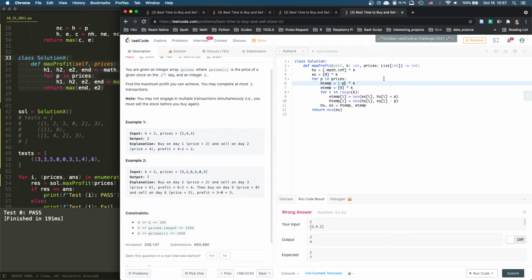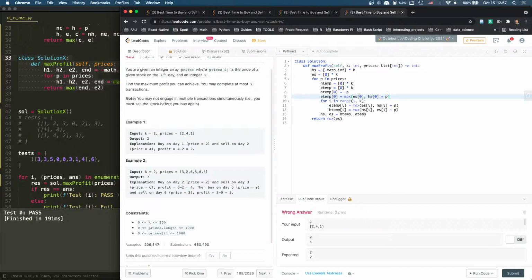What do we do here? Because the 0, 1 is a special case, right? So let's still do 1 to K, and then just handle the special case. So this is 0, and H temp is 0, going to be minus P. And E temp is 0, going to be max ES is 0 and HS is 0 plus P, right?